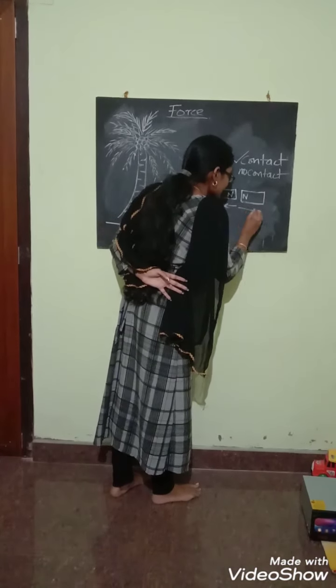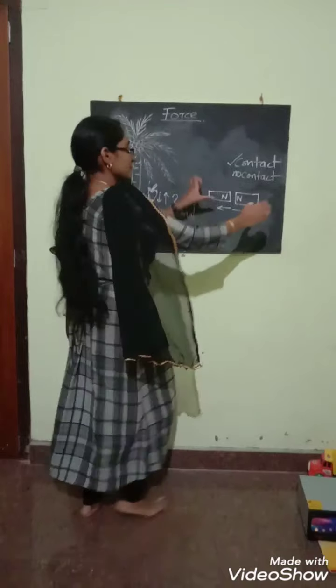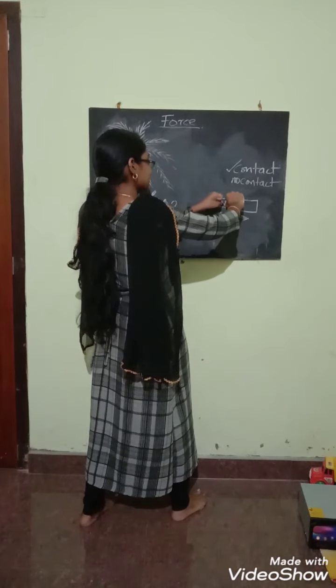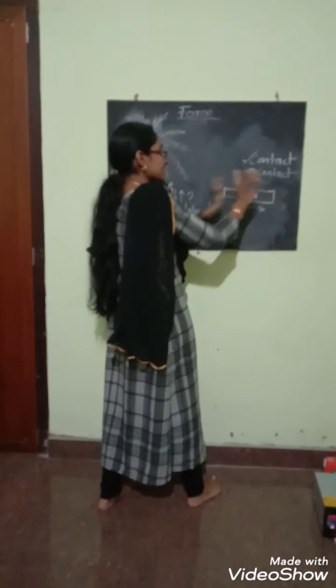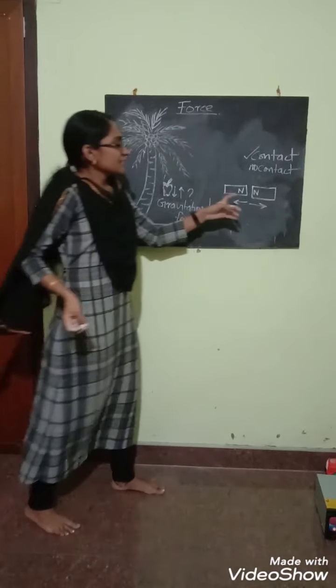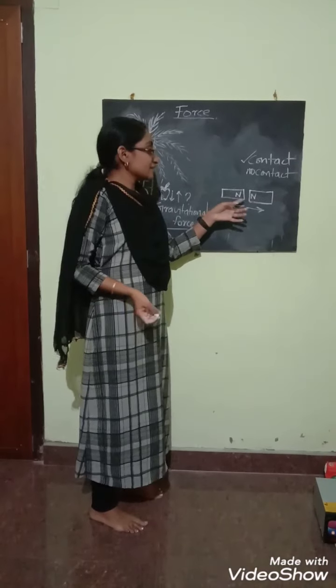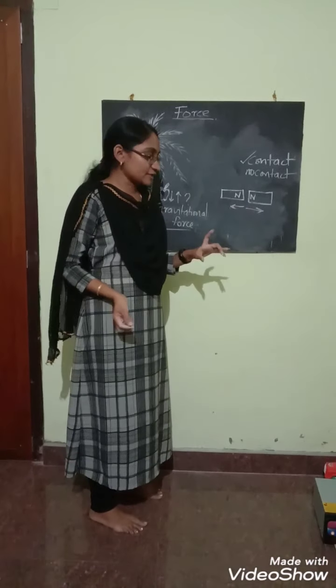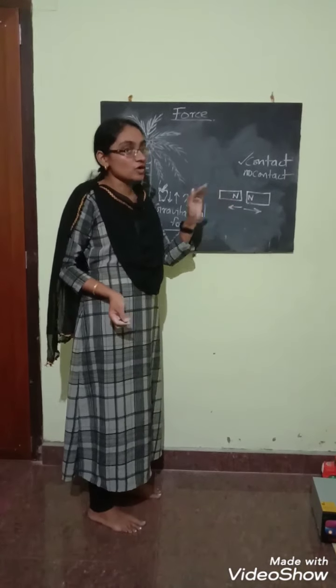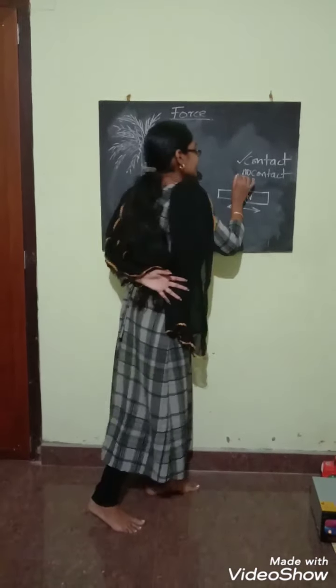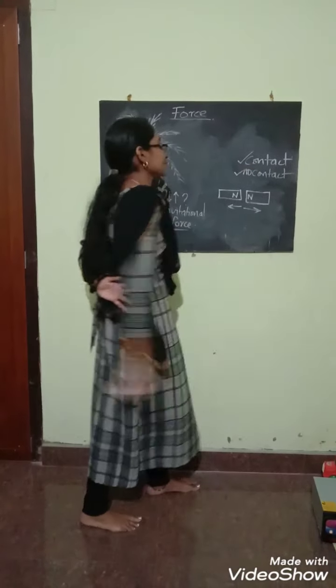Here is a repulsive force. That is, when I try to make this touch, it is impossible. They always have a repulsive force. Here force is acting, but here no contact is taking place. So here force is acting, but no contact takes place, and this is the example of this type of force.